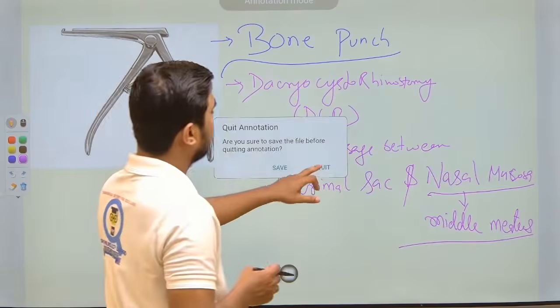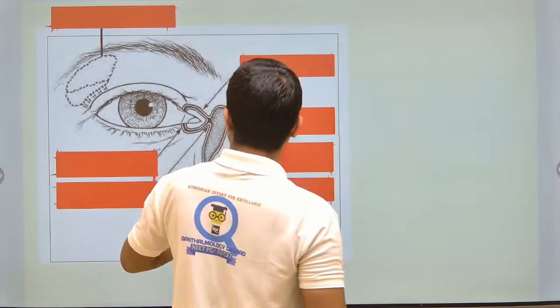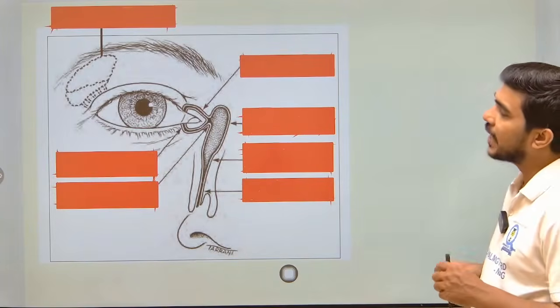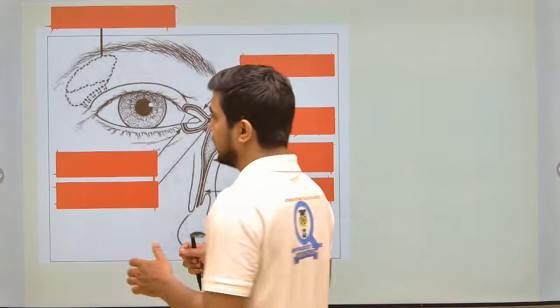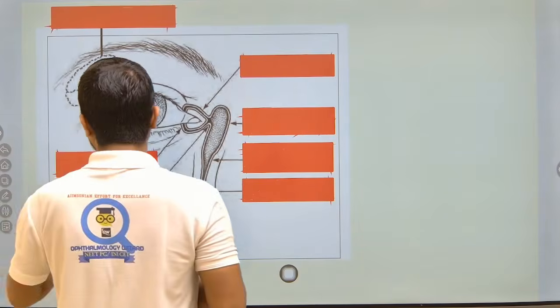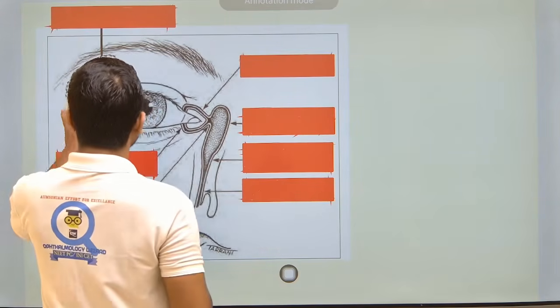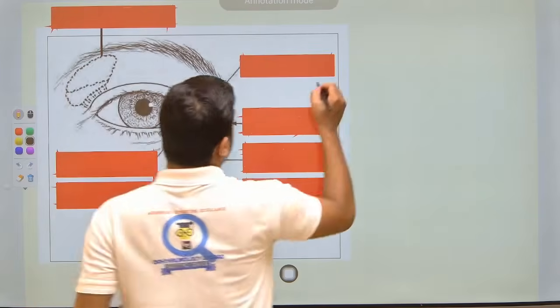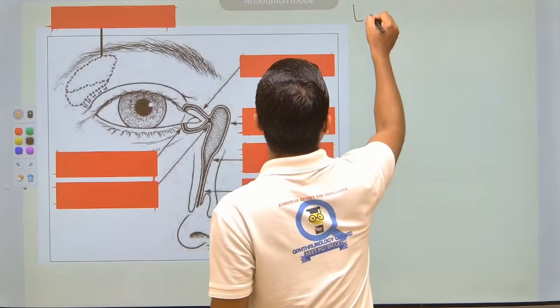Coming to this picture. What is this? Actually, this is the lacrimal apparatus, so I have to write each and everything.